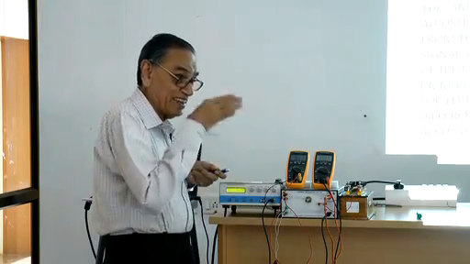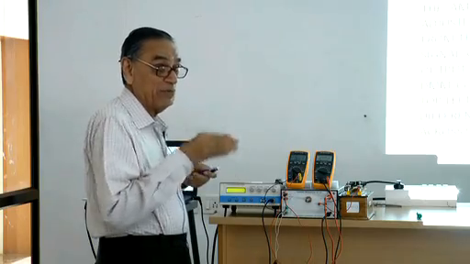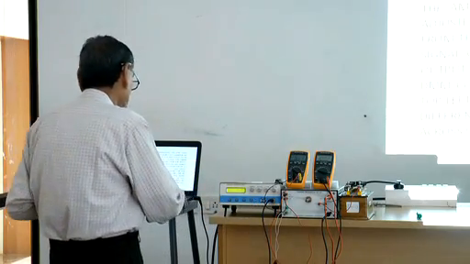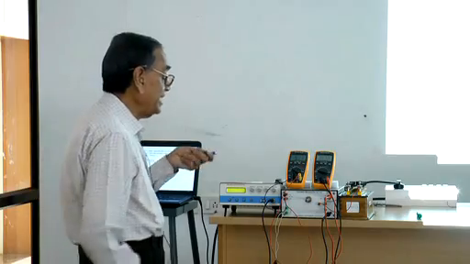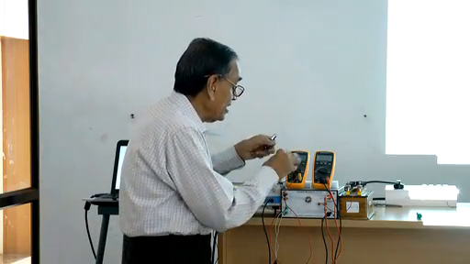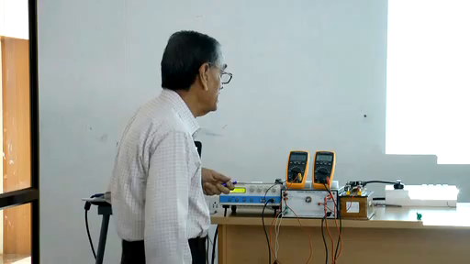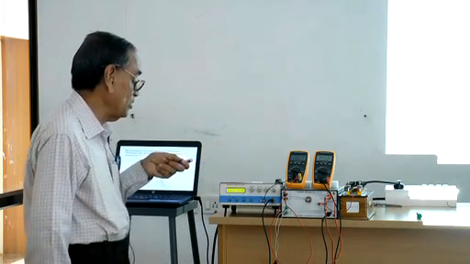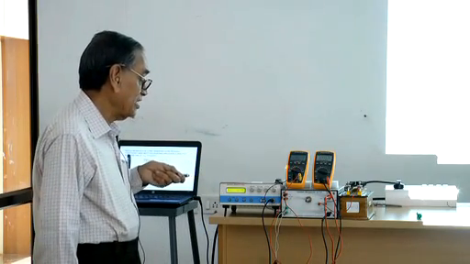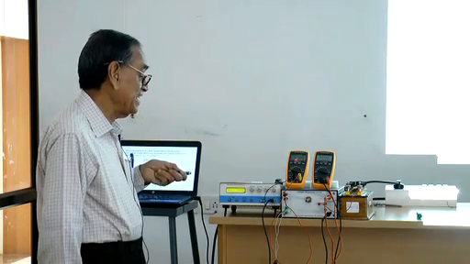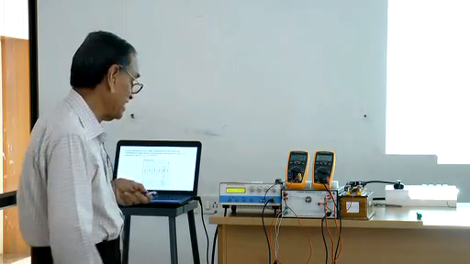Due to this AC current, the light emitted by the bulb fluctuates, and therefore the photodiode will give an AC voltage. The RMS value is measured on this multimeter put in AC. It is 188 millivolts.